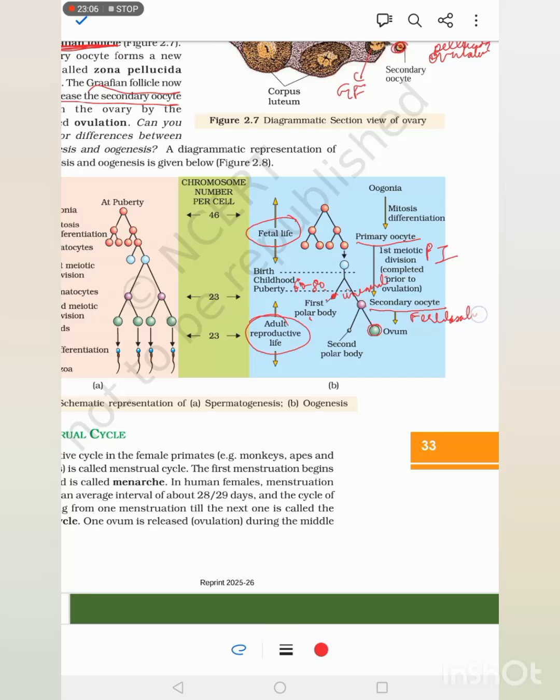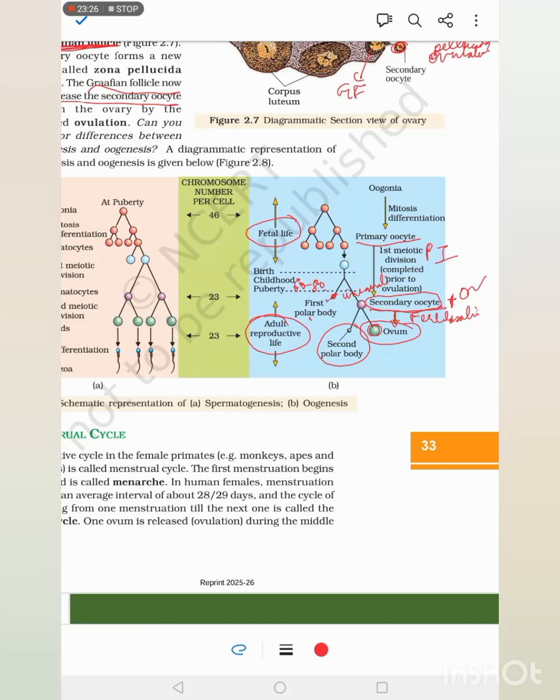Only after fertilization is the secondary oocyte converted into the ovum and the second polar body, after a sperm comes and fertilizes it. Before that, in our body, it is only at the secondary oocyte level.